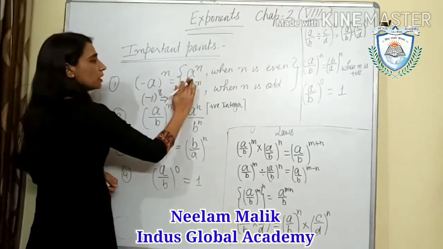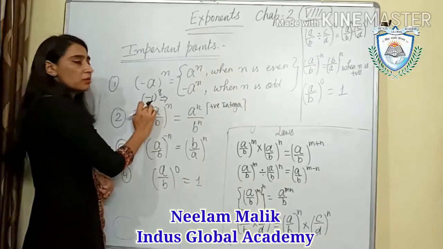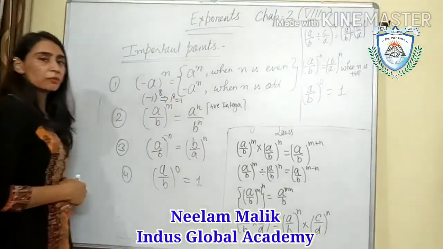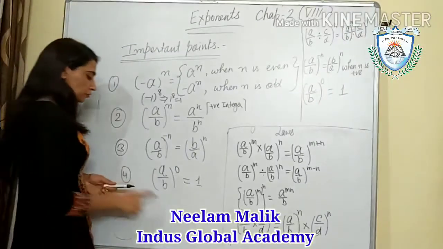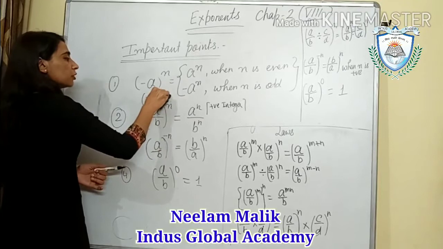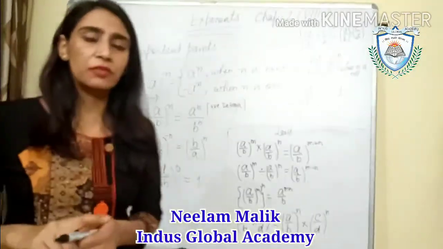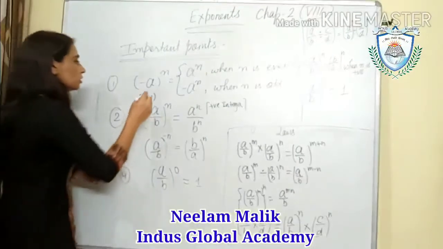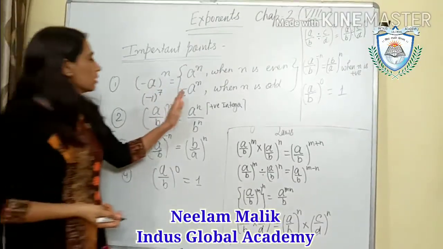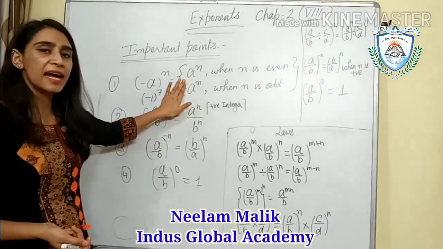Our answer will be a raised to n, which means the minus will be removed. We will remove the minus. So 1 raised to 8, that means 1. Now if this power is odd, suppose this is 7, it will be equal to minus and then that number.